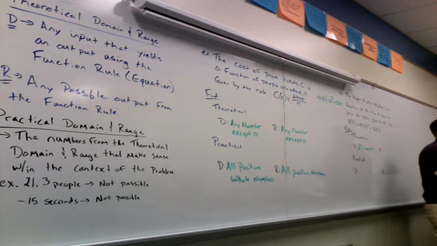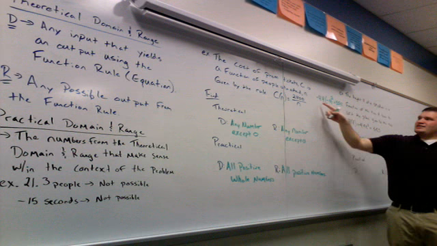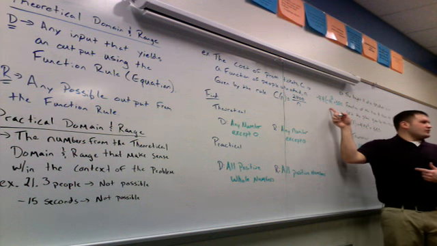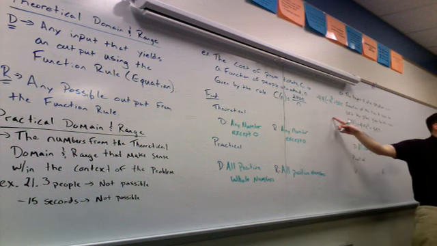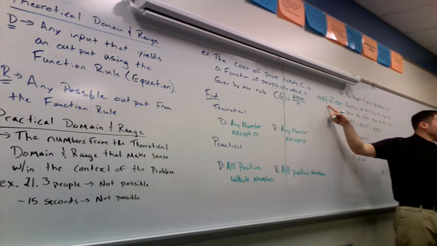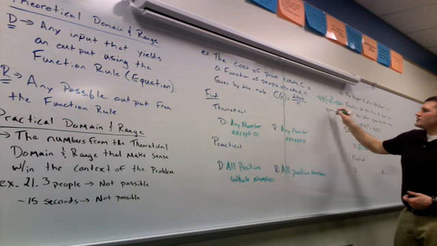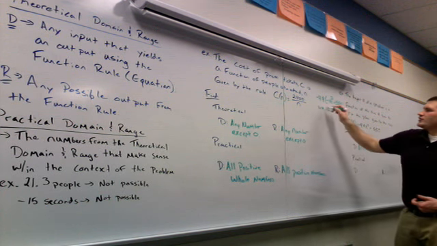Anytime I square a negative, what does it always become? Positive. Right? So even though this is negative, it's not going to turn this into positive, because once I square it, it becomes positive right here. This is not two negatives make a positive, because I have to square it first. So this will always turn into a positive 100.